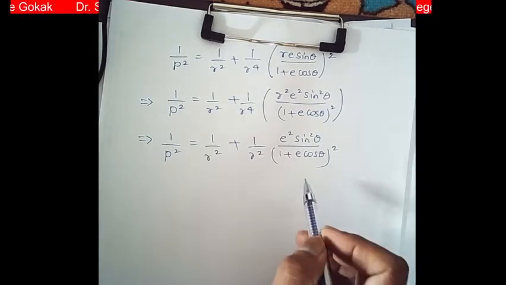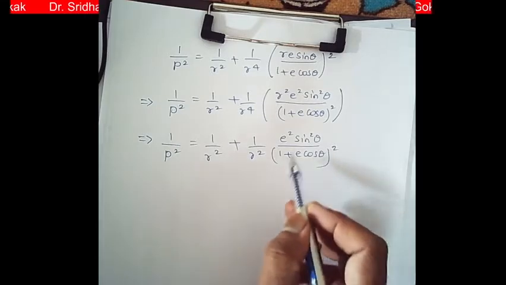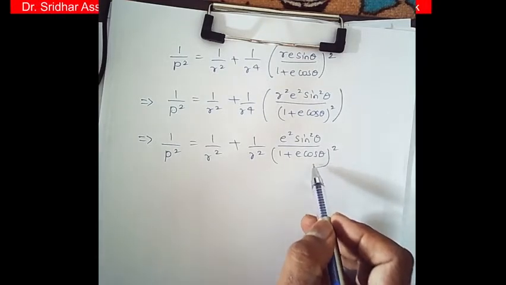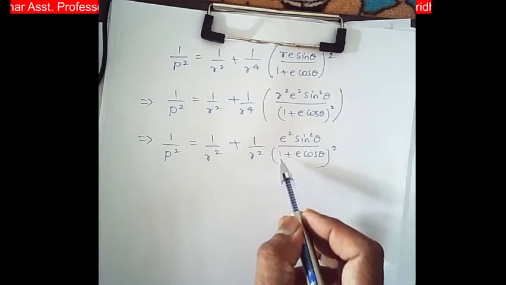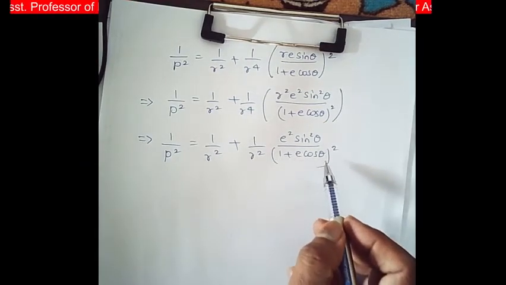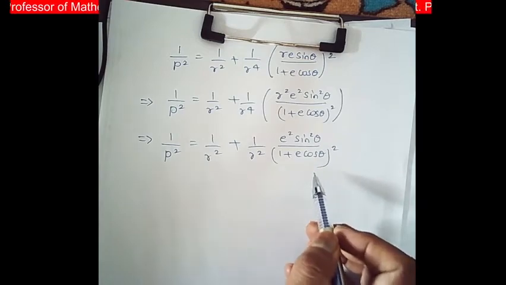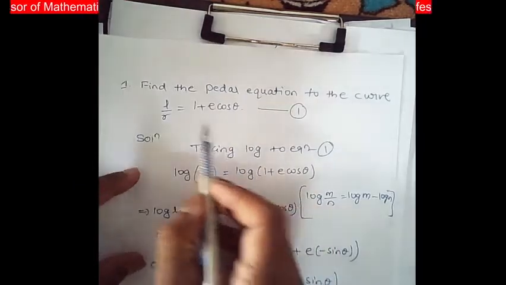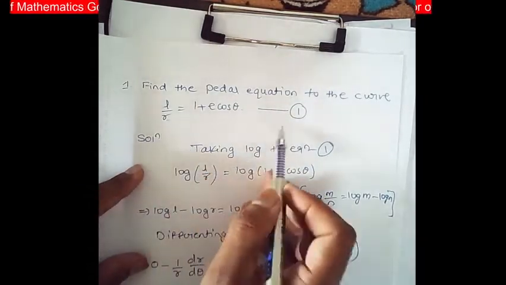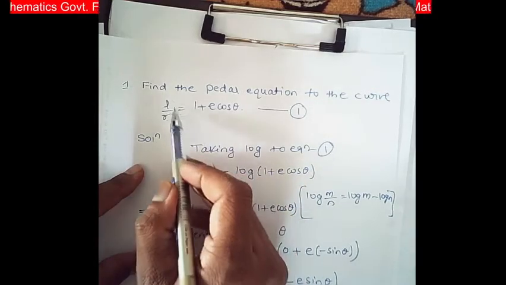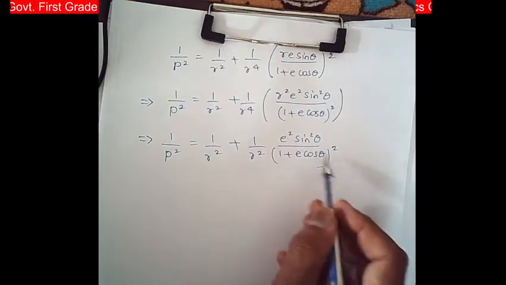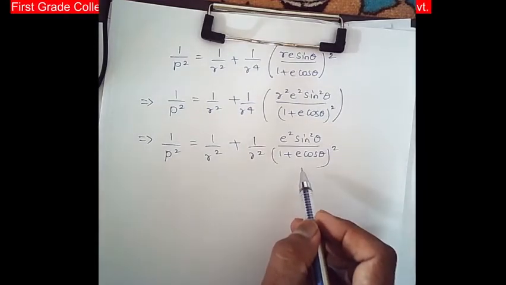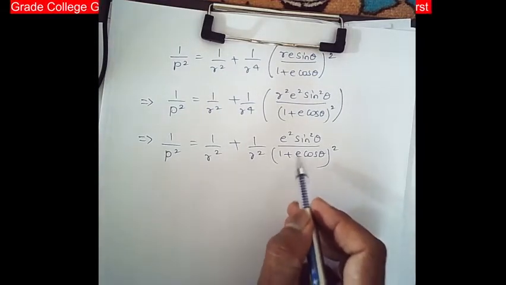So I will write here 1 plus e cos theta is equal to L by r. Thus I eliminated cos theta.